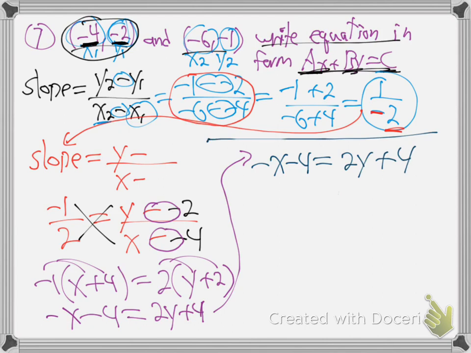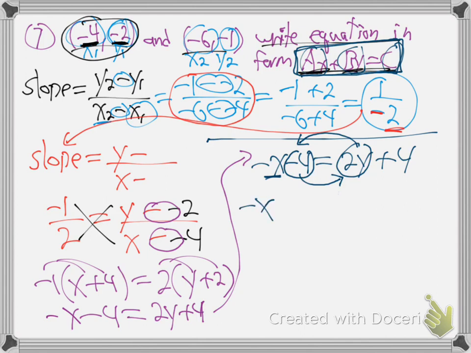So what are we supposed to do now? Well, now we talk about the form they want. They want it like this. They want x's first, then y's, then numbers. So I've got an x here, but here's the y over here. So I've got to jump this y over this way, and I've got to jump this thing over that way. Whenever something jumps over the equal sign to the other side of the equation, the sign in front of it switches.